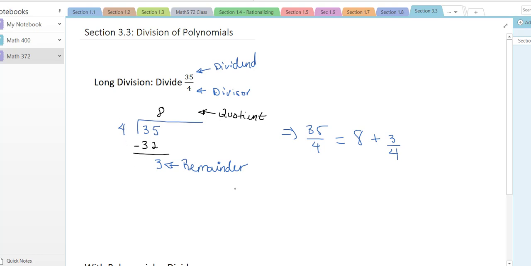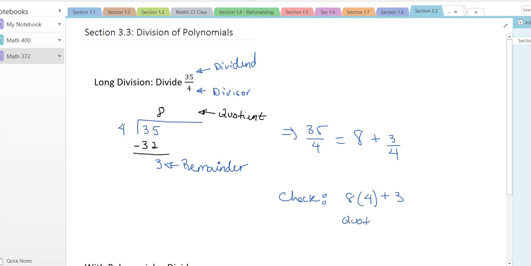And so how do you check your answer to make sure you did the division correctly? Remember, division is the opposite of multiplication, so we can check it with a multiplication problem. To check, I essentially do my divisor times the quotient, so 8 times 4, plus the remainder.